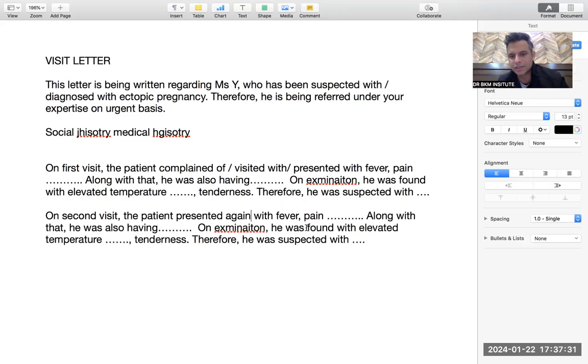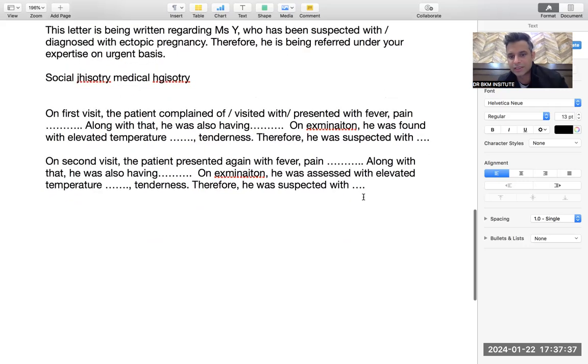On examination, he was found with this. You can change this word: he was assessed with. So just change the word, rest all the same. If you are tired, therefore he was suspected with, so you can say on the basis of signs and symptoms.